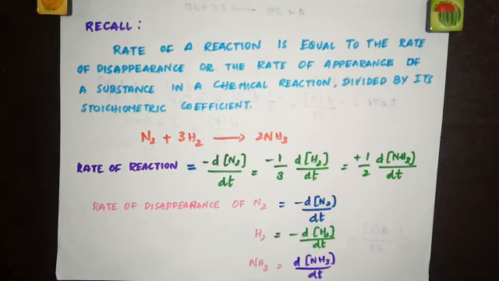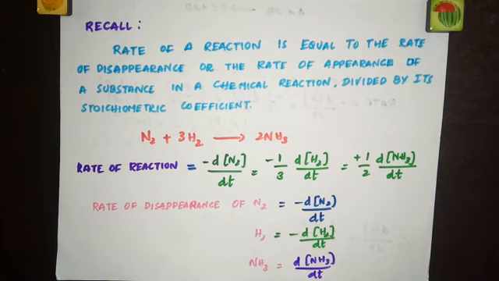We learned about the rate of a reaction, how to define the rate of a chemical reaction in terms of reactants and products concentration. So we said the rate of a reaction is equal to the rate of disappearance or the rate of appearance of a substance in a chemical reaction divided by its stoichiometric coefficient.